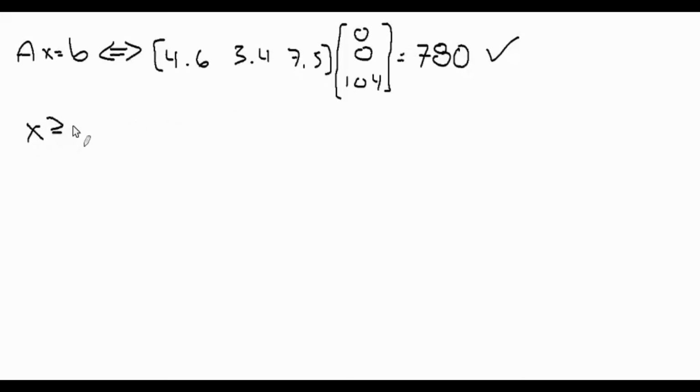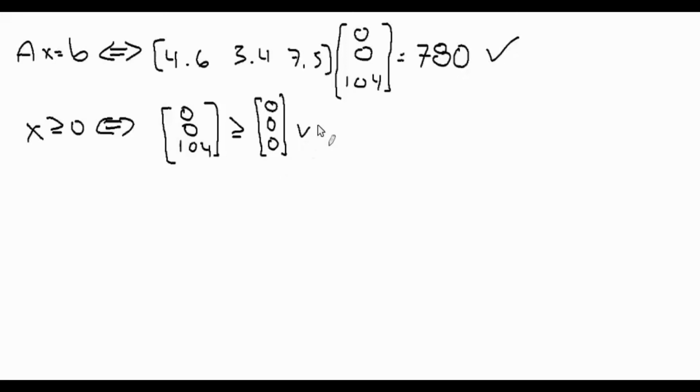X is non-negative, is true if and only if we have 0, 0, 104 is greater than or equal to 0, 0, 0. Check, that's true. Now, dual feasibility.